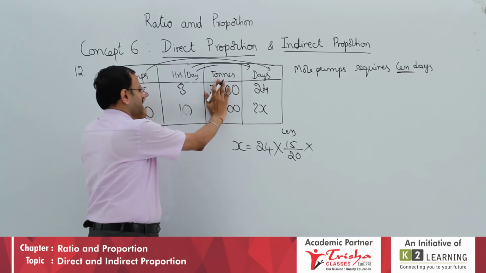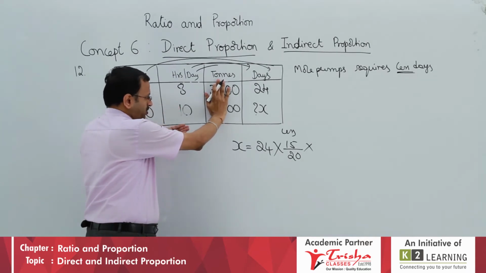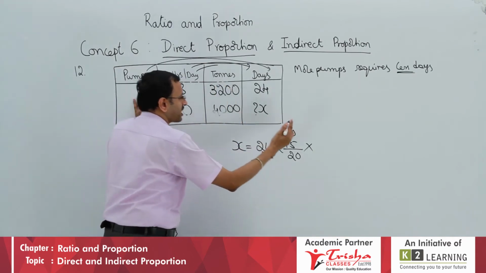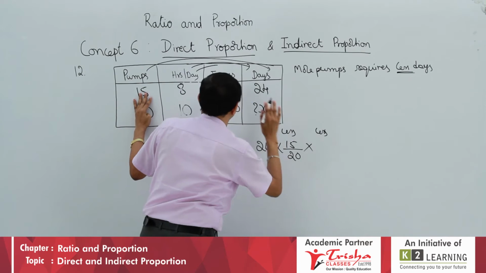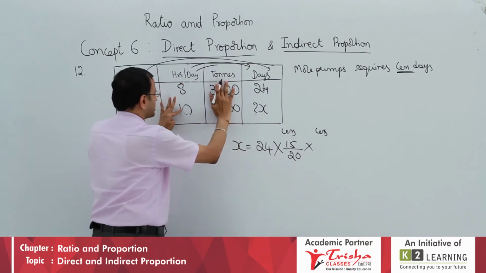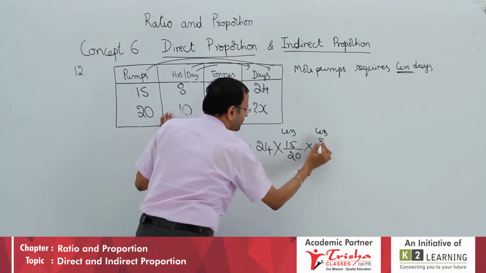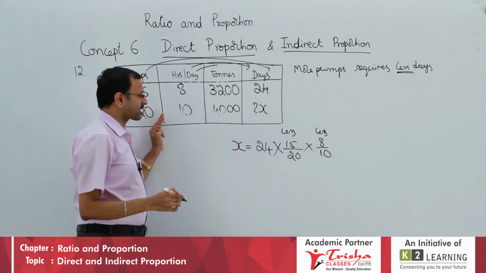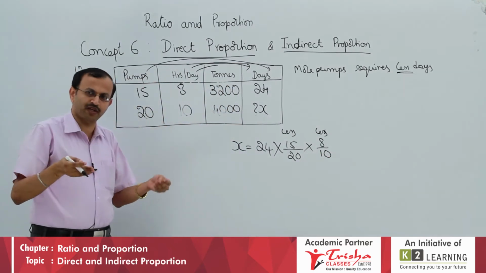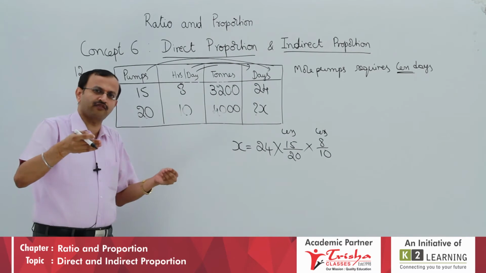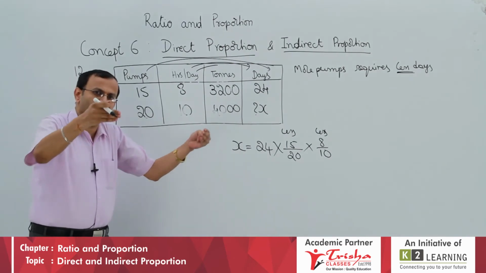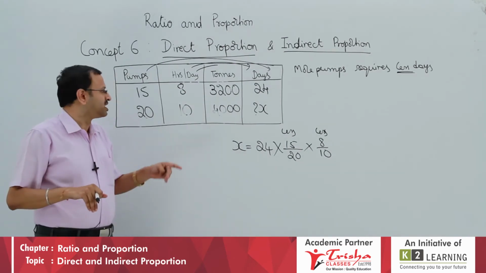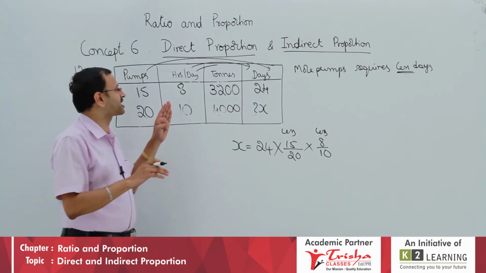At 10 hours per day, you are working more hours per day, so it again takes fewer days. Students, can you answer which is less in these two? 8 by 10. If you work 10 hours per day instead of 8, you will finish in less time. Yes. Similarly, this will be less, which is 8 by 10.